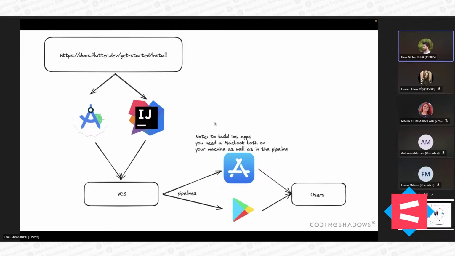You can either use Android Studio, which is the one on the left, or IntelliJ, which is the one on the right, or you can also use VS Code, but you would also need Android Studio in order to have the emulators to test your app on. Then you would push your code to the version control system. In today's demo, we will use GitHub. Then you would have a set of pipelines that automatically build and deploy your application.